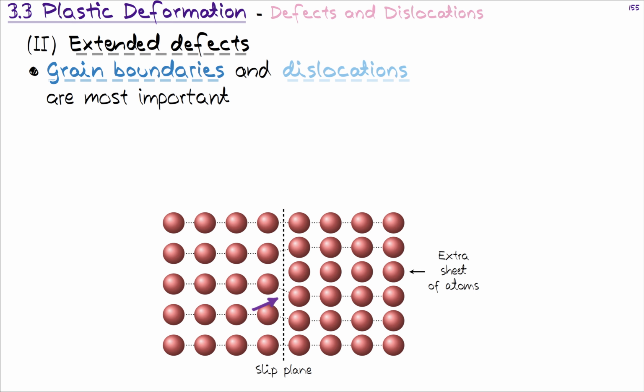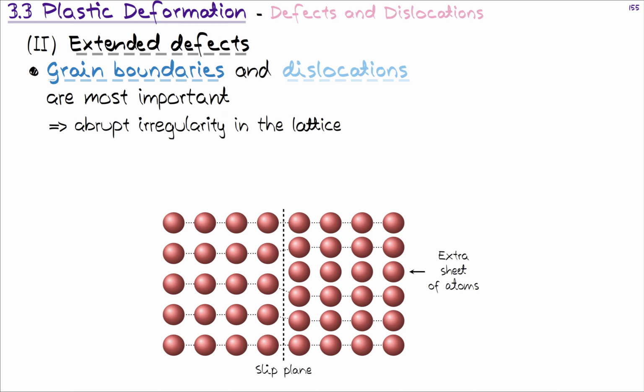We have an extra sheet of atoms that is then deforming our structure. And here we can define a slip plane with respect to the extra sheet of atoms, so that on the left-hand side of the slip plane, we still have the ideal crystalline solid, and on the right-hand side, we have the modified, deformed crystal.